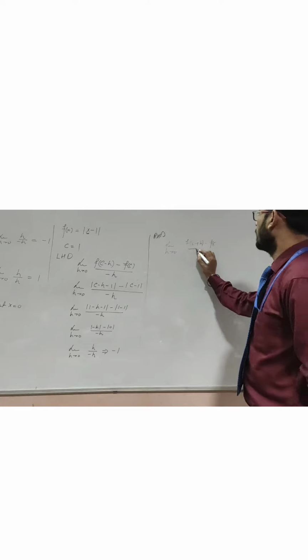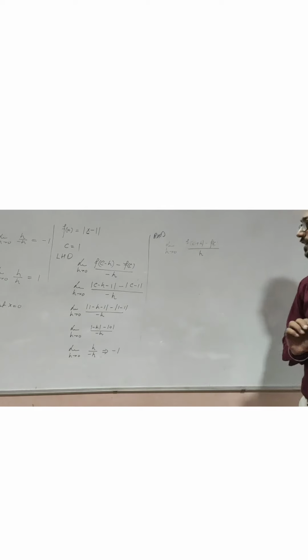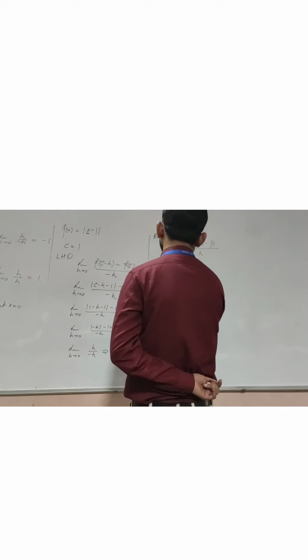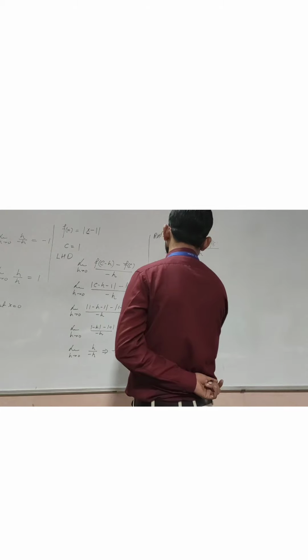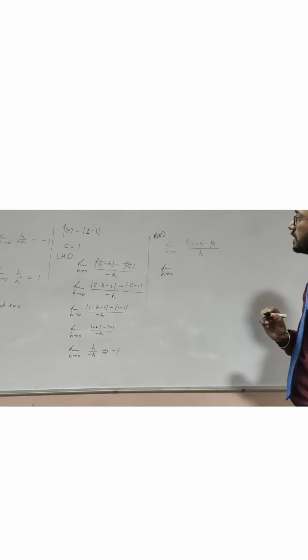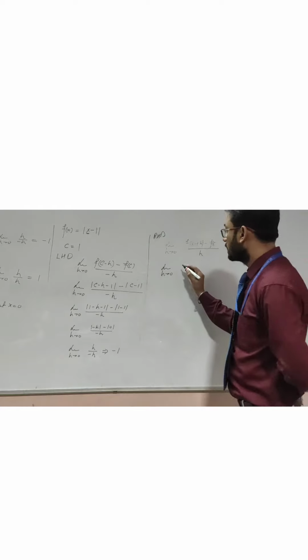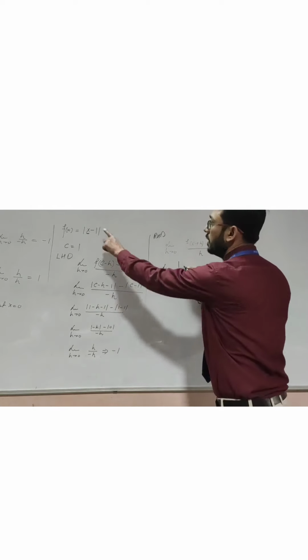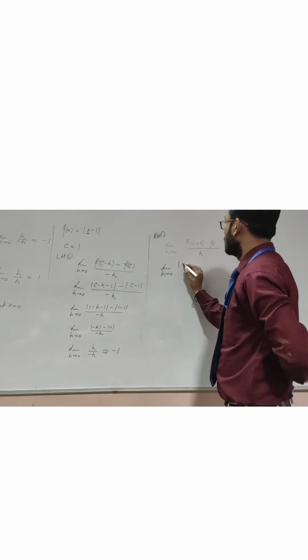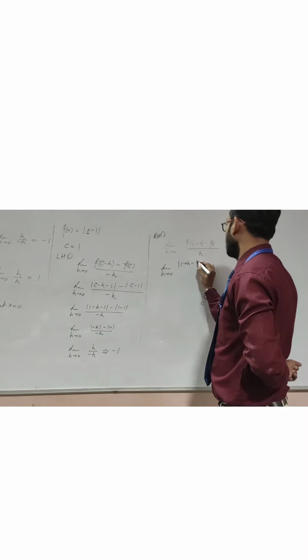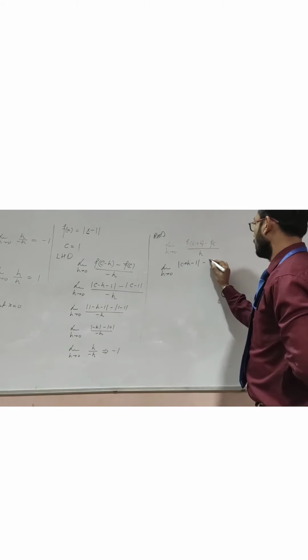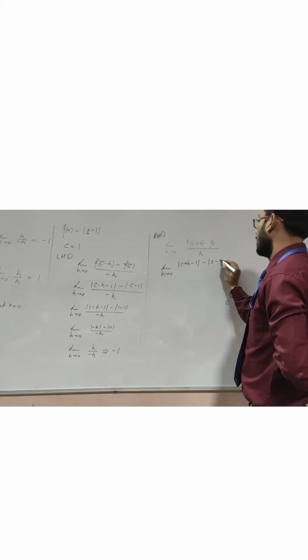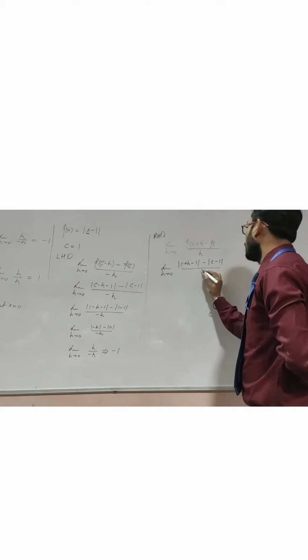So this is the formula for the particular condition. So now limit of h tends to 0, f(c plus h) means mod, in place of x we will put c plus h minus 1, minus mod c minus 1, whole upon h.